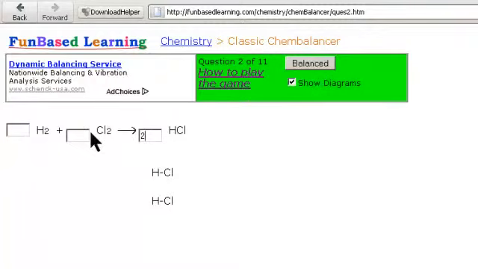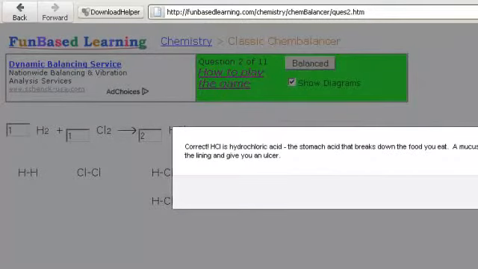And we have 2 chlorines on the reactant side and 2 chlorines on the product side in hydrochloric acid. So we're going to use a coefficient 1 for chlorine gas and a coefficient 1 for hydrogen gas. We're going to click balance and see how we do. Correct, hydrochloric acid. The stomach acid that breaks down the food you eat.